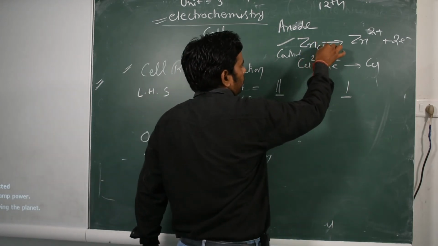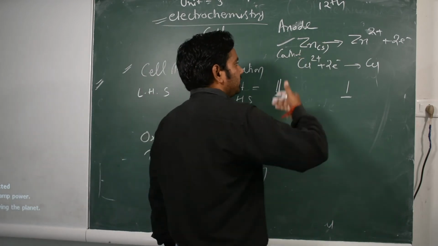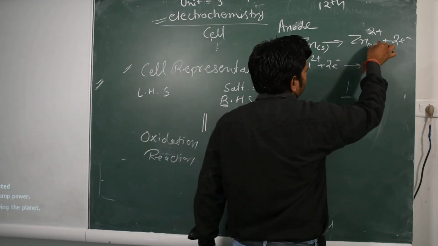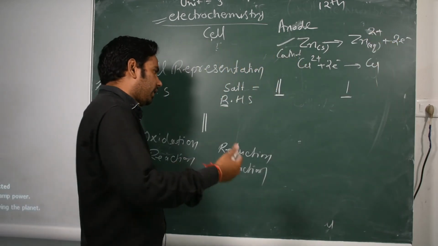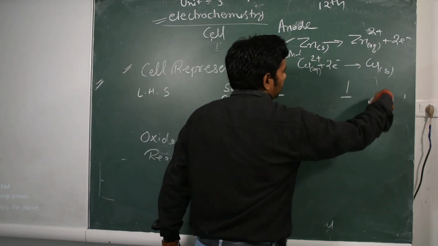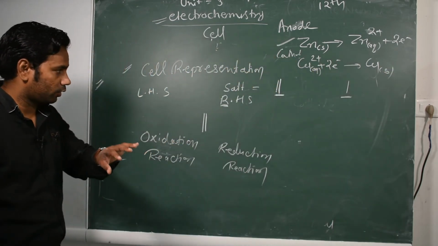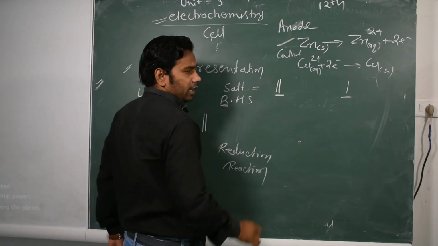Here, zinc is present in its solid state. When it dissolves in aqueous solution, it converts into Zn2+ ions. Then Cu2+ (aq) converts to solid Cu. How do we write the anode electrode?